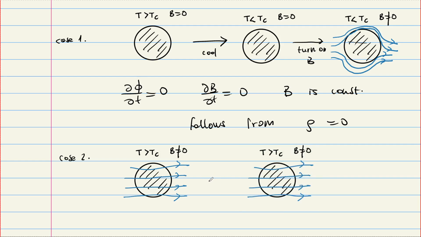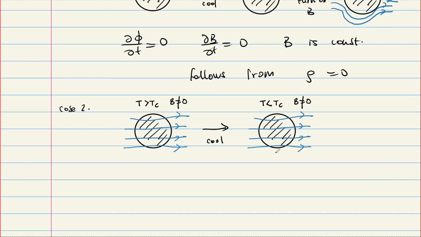So we just cool, and T less than Tc. But the Meissner effect, so we are talking about phenomenology, observation. We are not explaining anything at the moment. And the observation says, even in this case, flux goes outside.